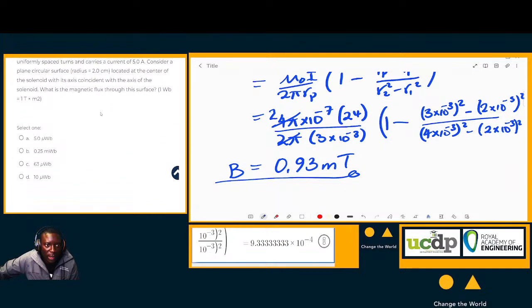Okay, so question number 19. Number 19, we're dealing with a solenoid.